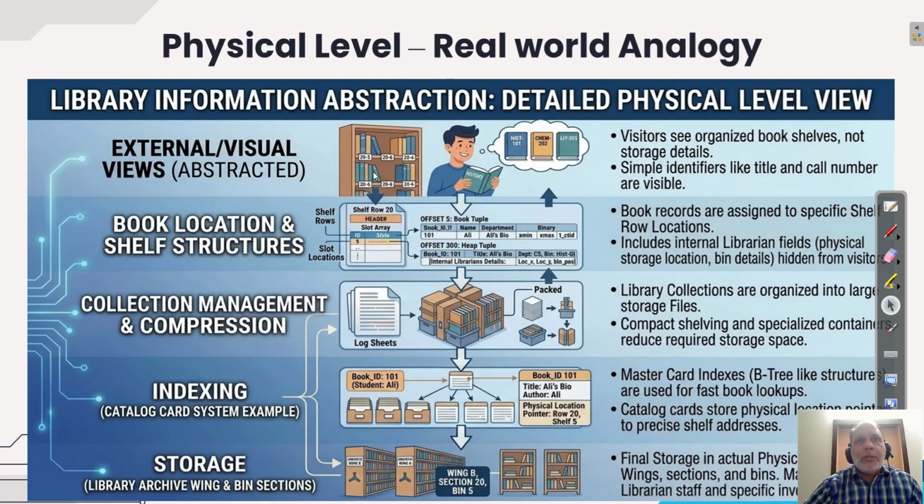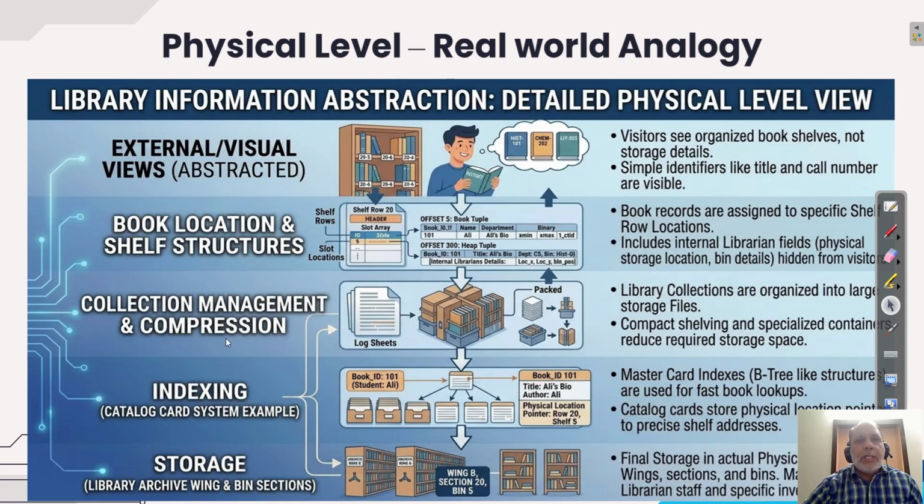For example, this ID 2023 is, for example, shelf number 20 and offset, for example, 300. If you provide the ID, they will see what the shelf number and the offset are, and then they will find the book.